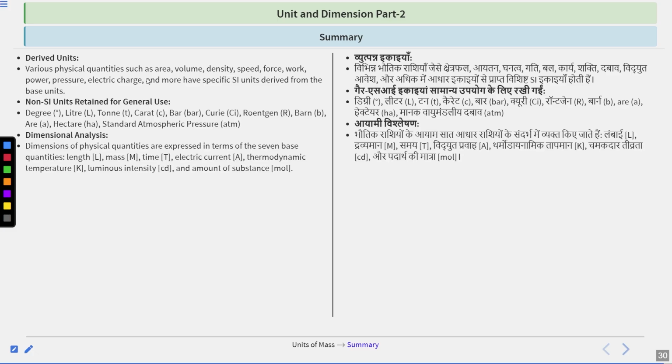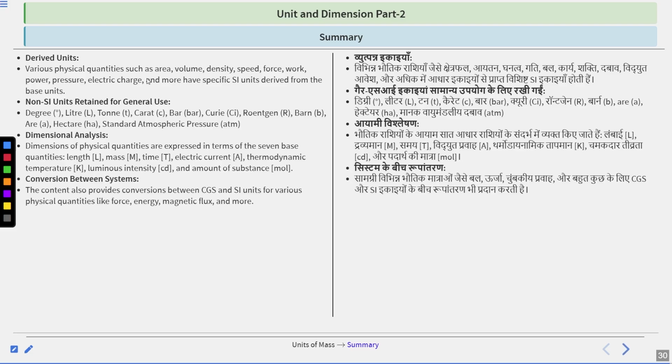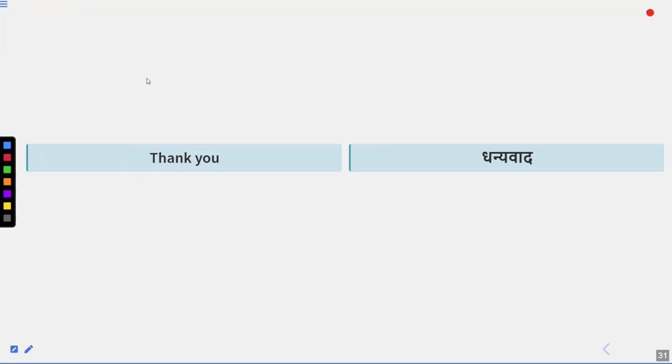Dimensional analysis, we have talked about how dimensions of physical quantities are expressed in terms of the 7 base quantities: length, mass, time, electric current, thermodynamic temperature, luminous intensity, and amount of substance. Conversion between systems, we had talked about. The content also provides the conversion between CGS and SI units for various physical quantities like force, energy, magnetic flux, and more. So with this, we had finished this lecture.